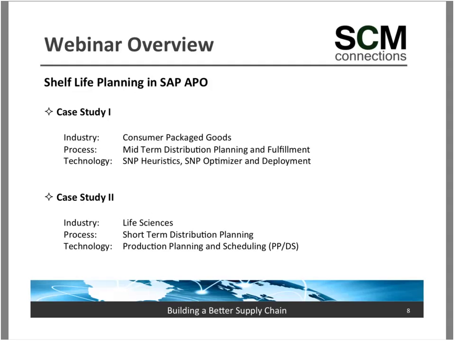So we'll go through both case studies, but keep in mind that what we were doing was based specifically on the design that existed at both these sites, and the solutions that we put in place were limited by what existed and how we adapted to the existing environment, especially in the way they were utilizing things in ECC.